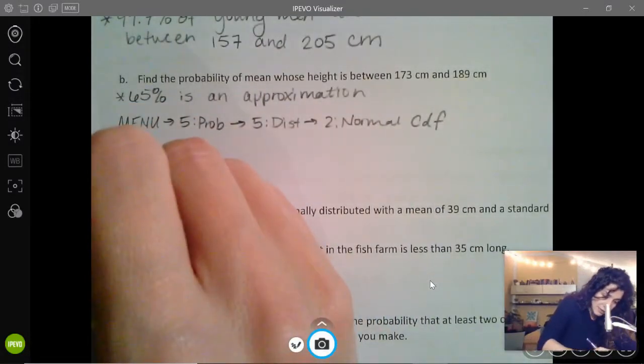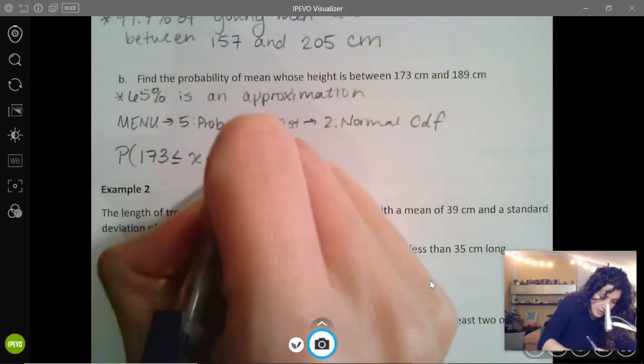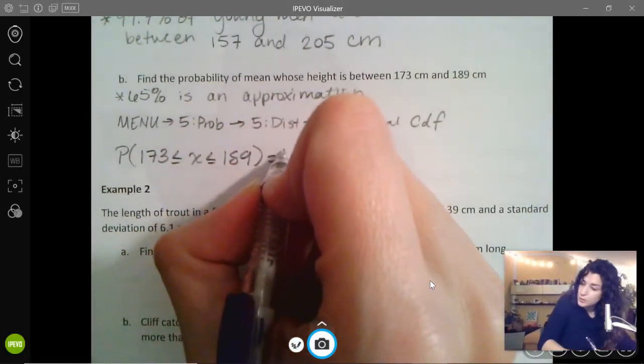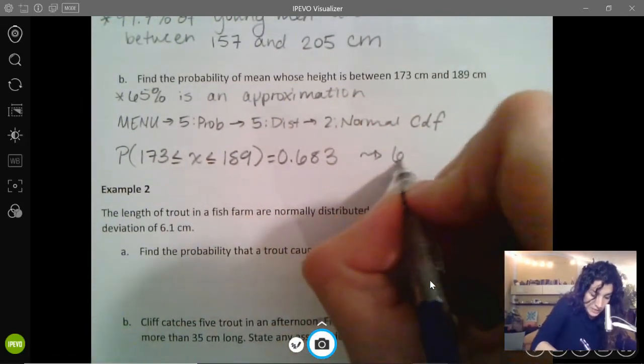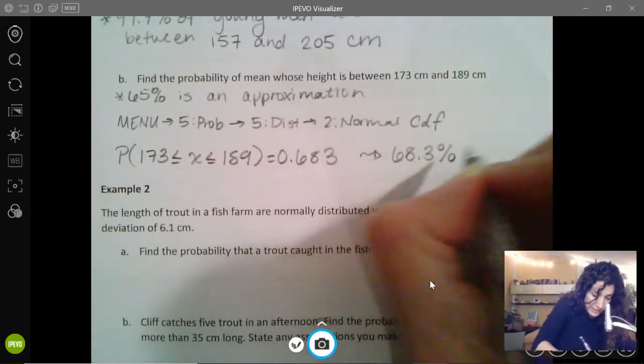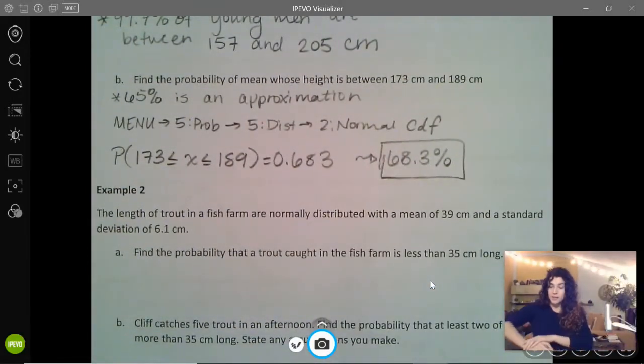The probability of being between 173 and 189 is equal to 0.683. So 68.3% represents the population of German young men who are between 173 and 189 centimeters.